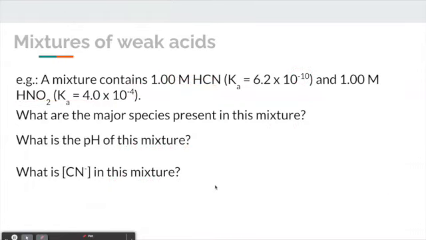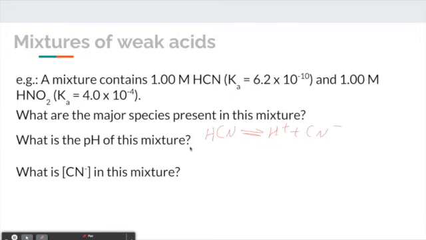So the next question being asked here is, what is the concentration of CN minus in this mixture? The CN minus comes from the dissociation of HCN. HCN ionizes, making H plus and CN minus. And we've already decided that the vast majority of the H plus produced here does not come from HCN. It comes from HNO2.